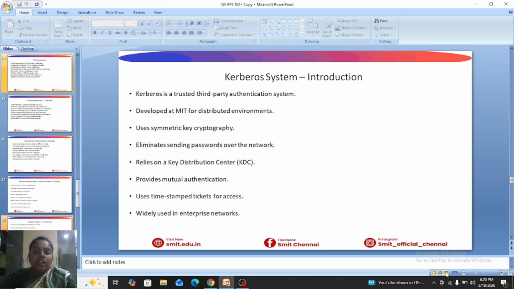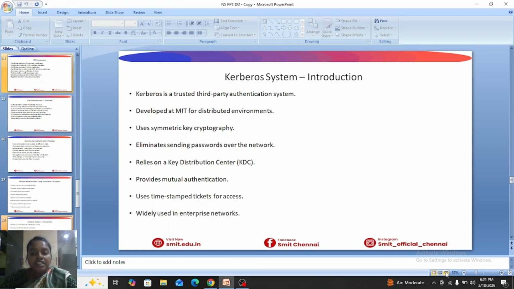Step 1, authentication request. The user sends a login request to the authentication server. Step 2, ticket granting ticket. The AS verifies the user and issues the ticket granting ticket, along with session keys. Step 3, service ticket request. The client sends the TGT to the ticket granting server, requesting a service. Step 4, service ticket issued.